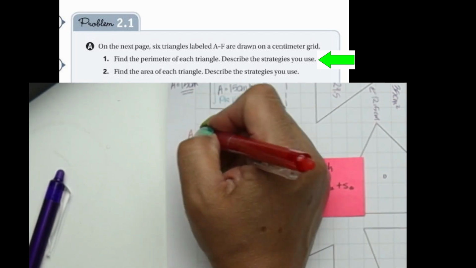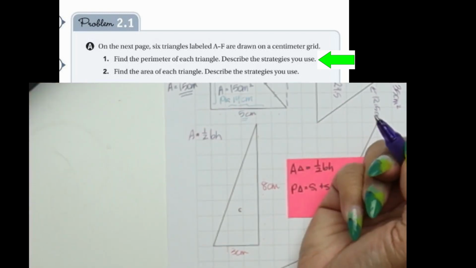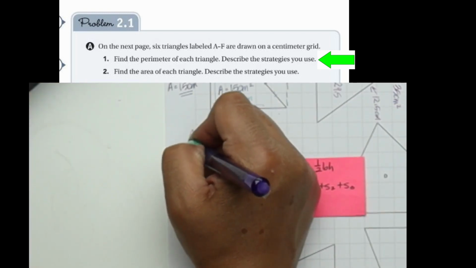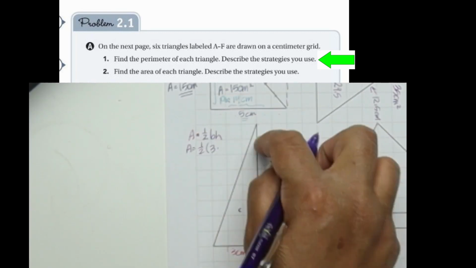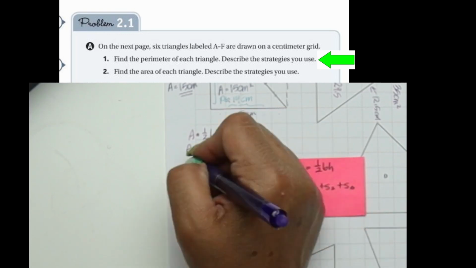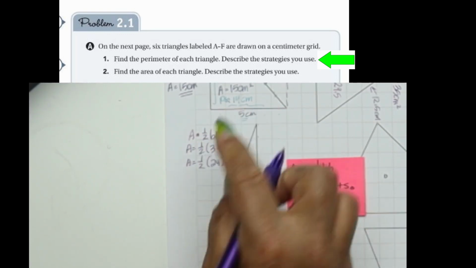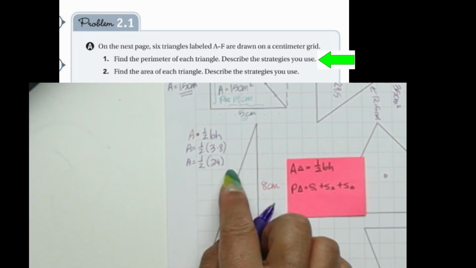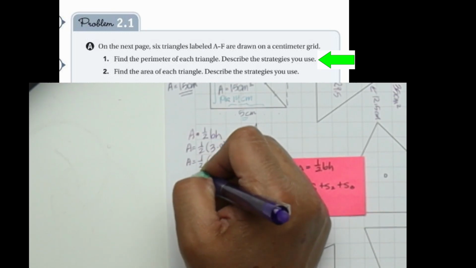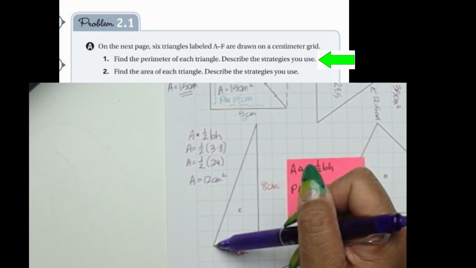So area equals 1/2 of the base times the height. Our area is 1/2 times 24, and half of 24 equals 12 centimeters squared.